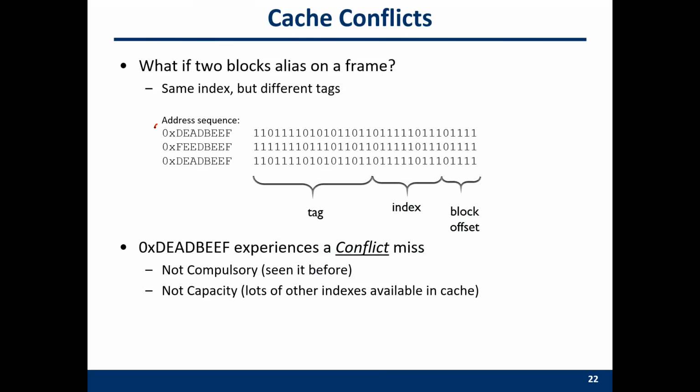So here is some address example we will access. If we use the middle bits as the index, for these three addresses, the index is the same, and the offset is the same. But of course, the tags are different.